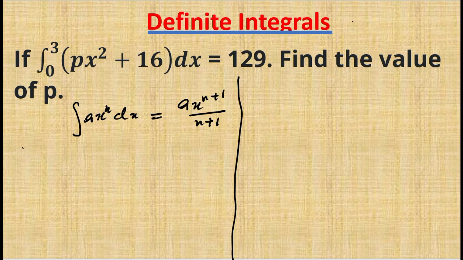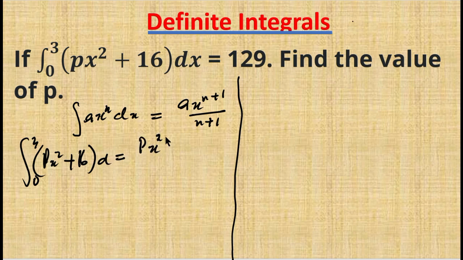Now the integral of px squared plus 16 with respect to x will begin to look like px raised to power 2 plus 1, that's my n plus 1, over 2 plus 1, plus 16x raised to power 0, because 16 is the same thing as writing 16x raised to power 0, plus 1 all over 1, all bounded between 3 and 0.